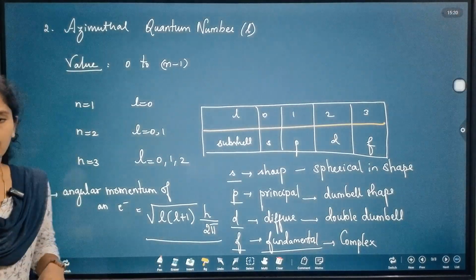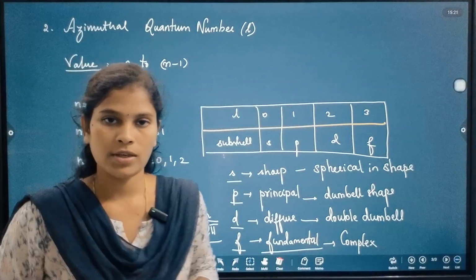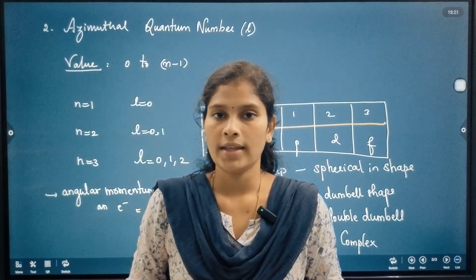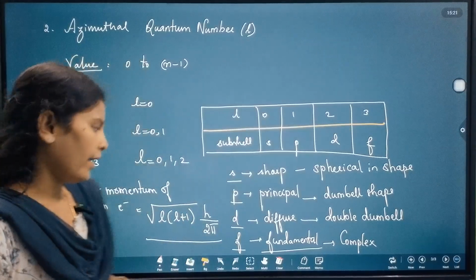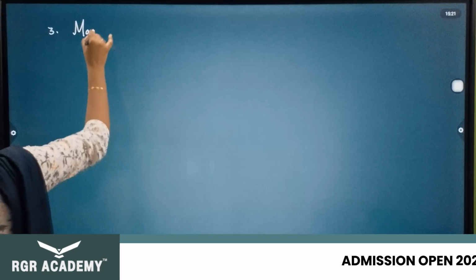We can substitute the L value. For the s subshell, L is equal to 0, so the angular momentum of an electron is also 0. Similarly, we can calculate for p, d, f. Next we can move to the magnetic quantum number.